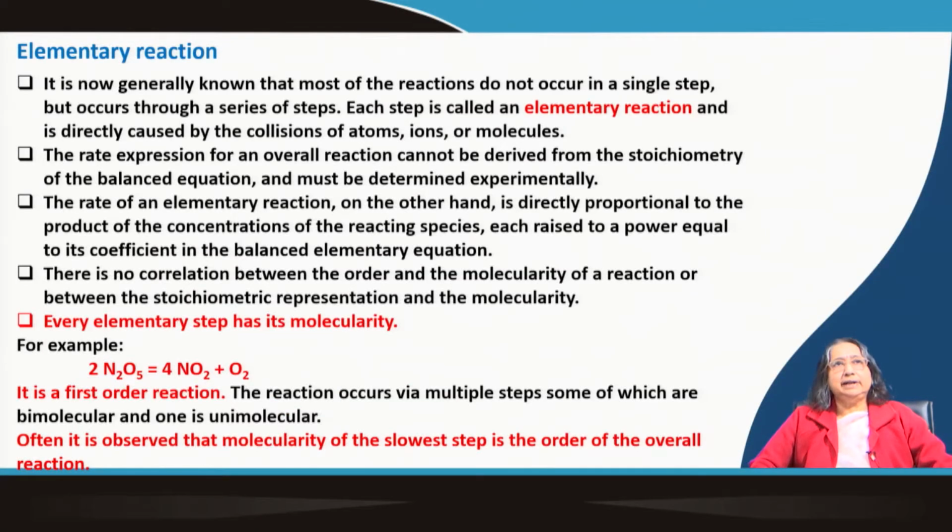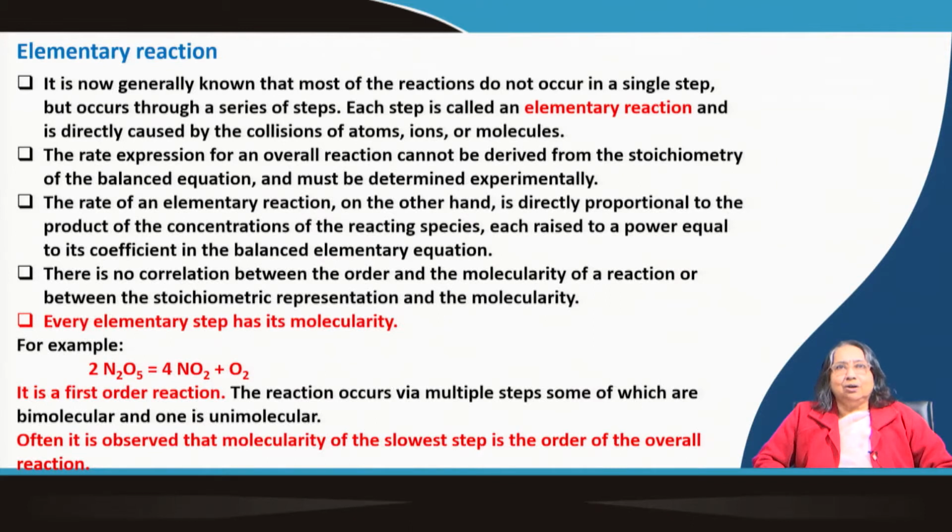Now, what is an elementary reaction? This is very important to know to understand the mechanism of a chemical reaction. It is generally known that most reactions do not occur in a single step. In our school days, we never bothered about the mechanism of a reaction; we only showed the balanced equation.